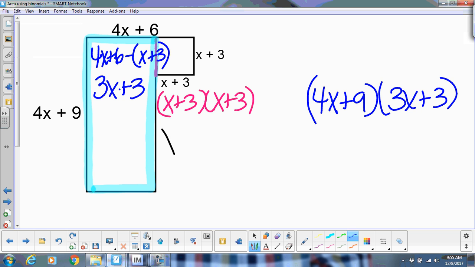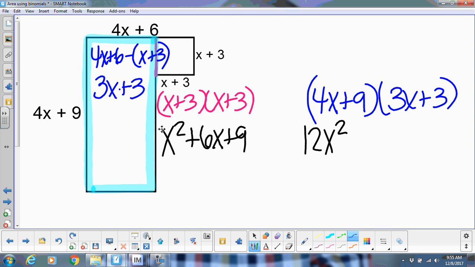All right, so you're here, x squared plus 6x plus 9. All right, that's 4x times 3x squared. All right, 4x times 3 is going to give me 12, right? And then 9 times 3 is 27, so 12x plus 27x gives me a middle number of 39x. And then 9 times 3 is 27.